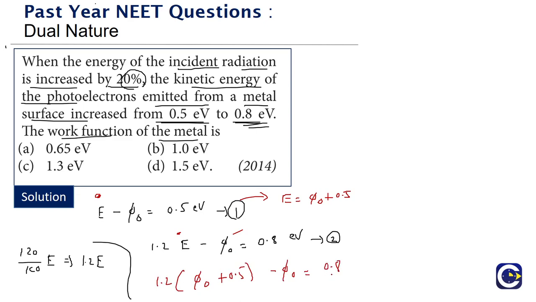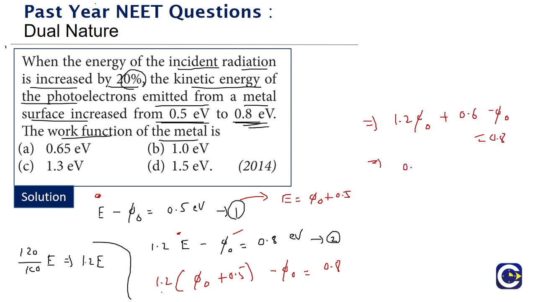One thing we need to keep in mind: the final answer will come in terms of electron volt. Using the distributive law, we get 1.2 times work function plus 1.2 into 0.5, that is 12 fives are 60, so 0.6, minus work function is equal to 0.8.